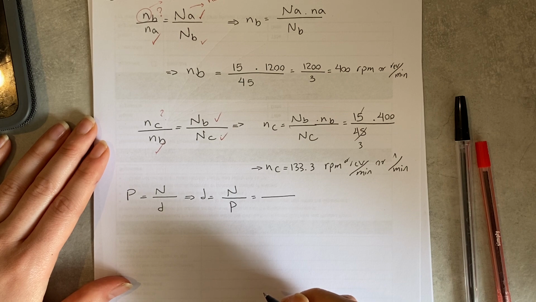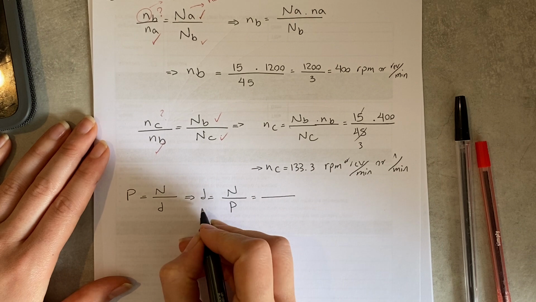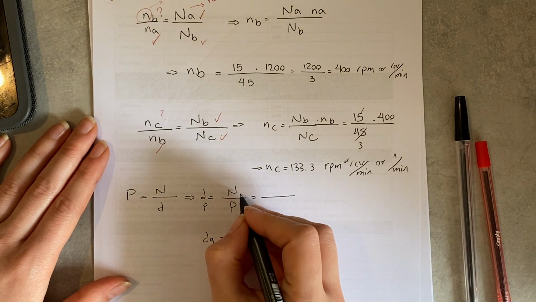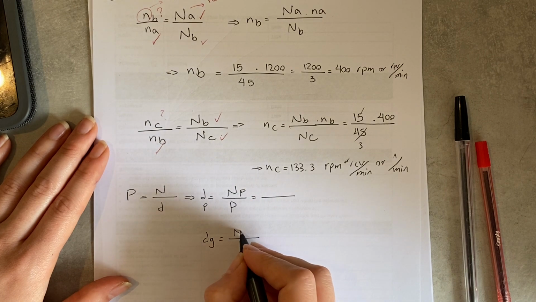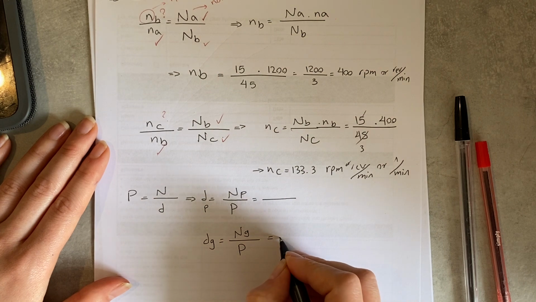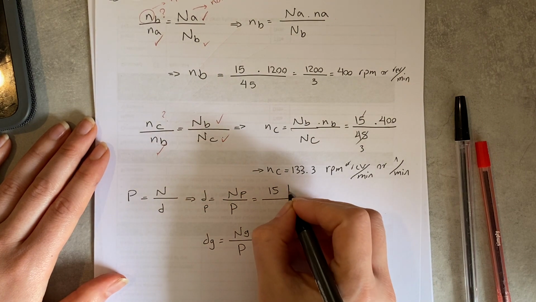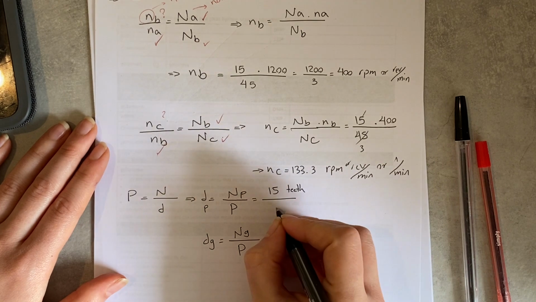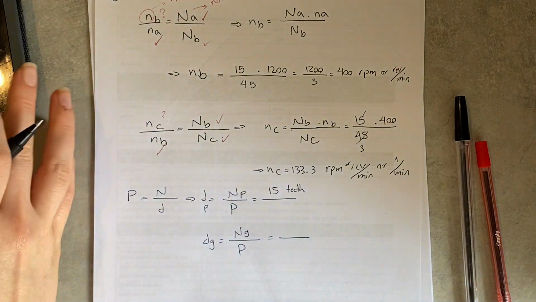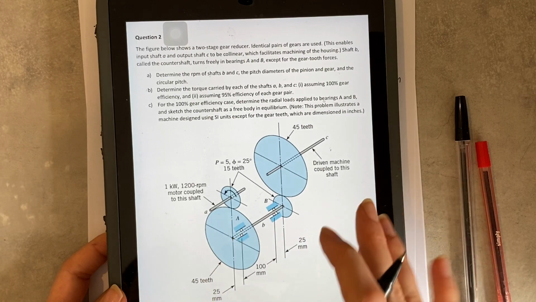So what was the number of teeth? It depends actually. So we can say for pinion and for gear. So for the pinion, we have 15 teeth. And what was the diametral pitch? Have a look at the question again.